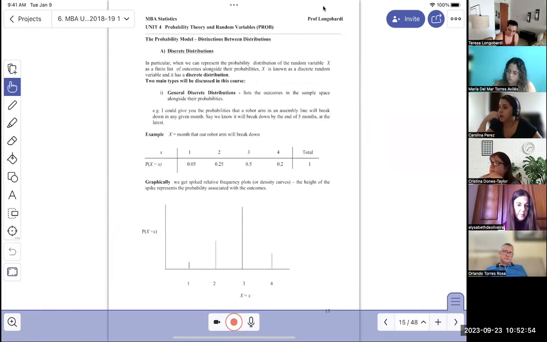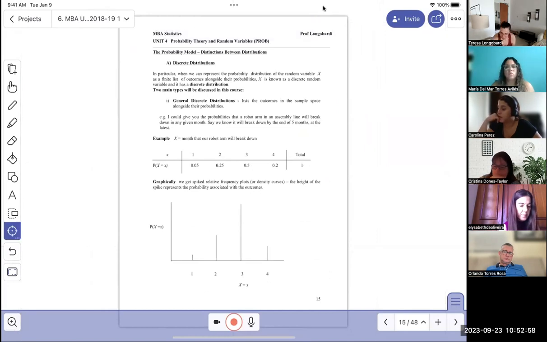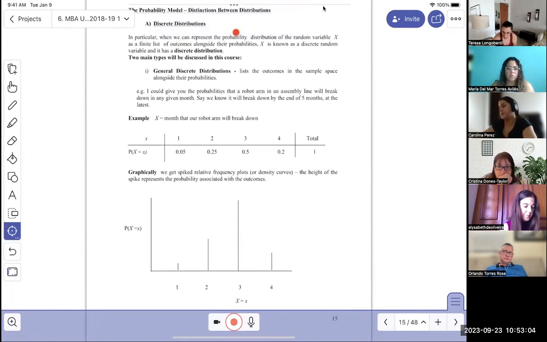Then I arrive here, and what I talk about here is I actually use this material here for module 7. Module 7 is going back into module 6, but focusing on the different probability models, the discrete distributions, the continuous distributions.